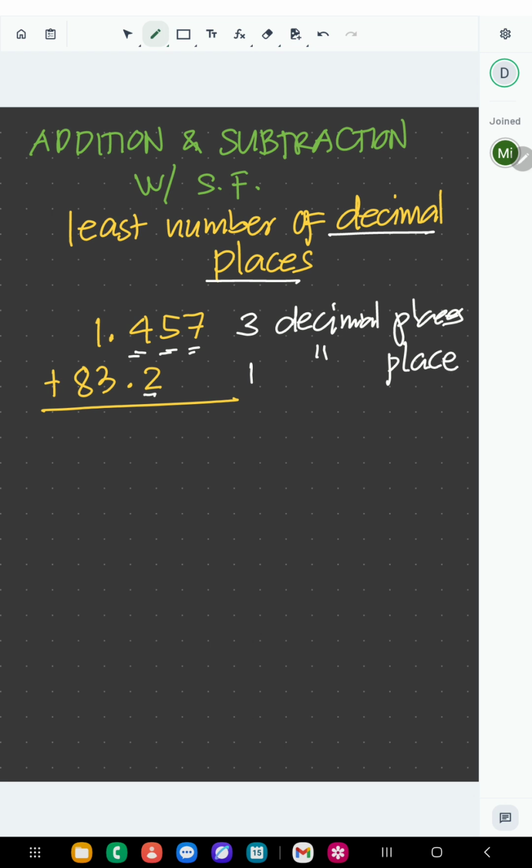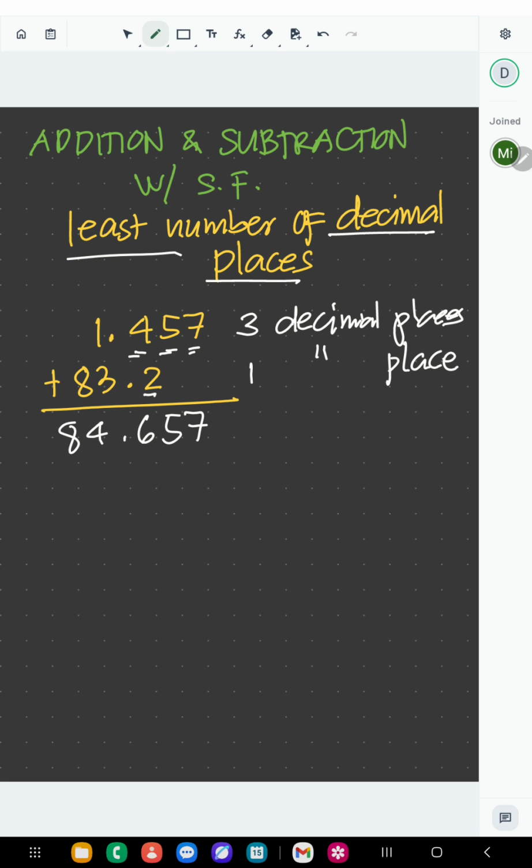If we're going to add them, we just add them like normally. This is just 84.657. But for rounding them off to the final answer, we round them off to the least number of decimal places.